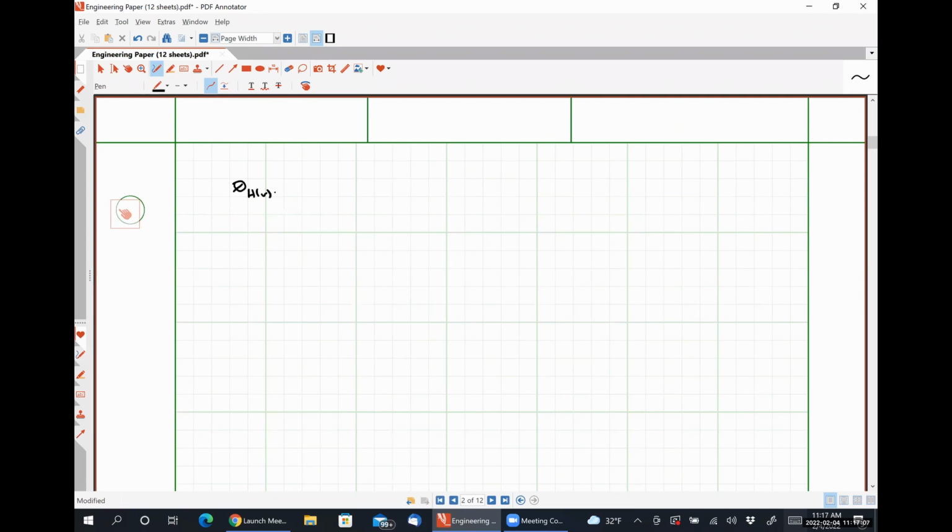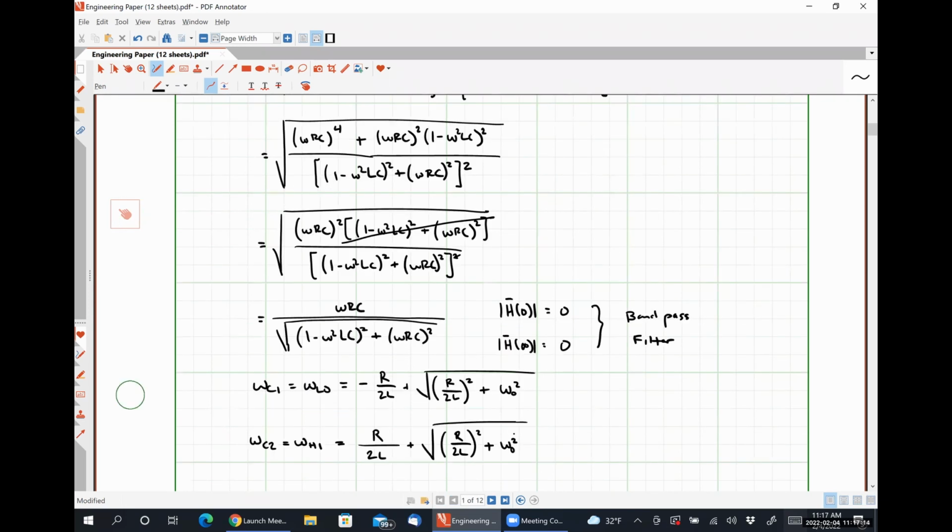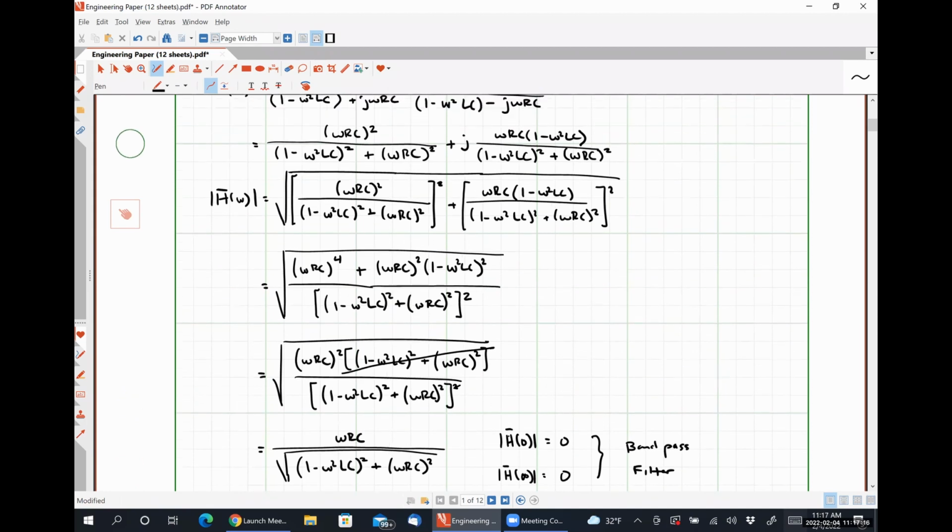theta h of omega, that's going to be the inverse tangent of the imaginary part, which I need to look up here real quick.